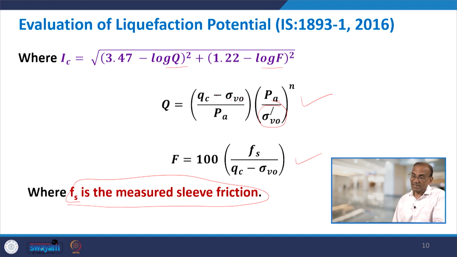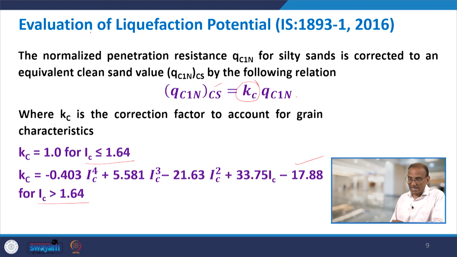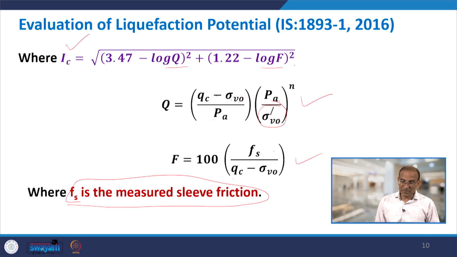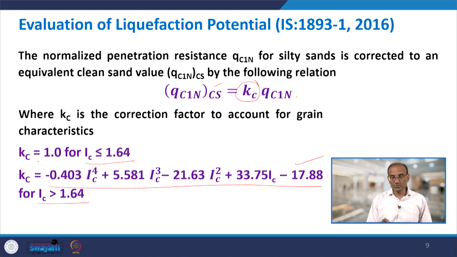So Q and F are calculated from these equations, you put them in the top equation and get the value of IC. If your IC is less than 1.64, then Kc will simply be 1, but if it is more than 1.64, then Kc is calculated from the relation given here. Okay. Once this is calculated, that means we are ready with Qc1n and Cs.